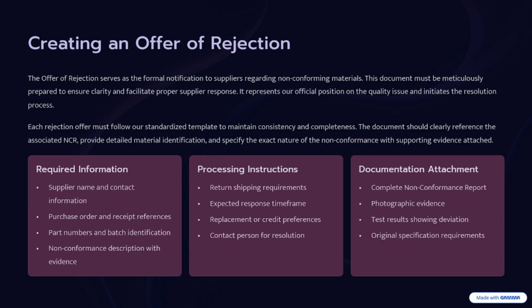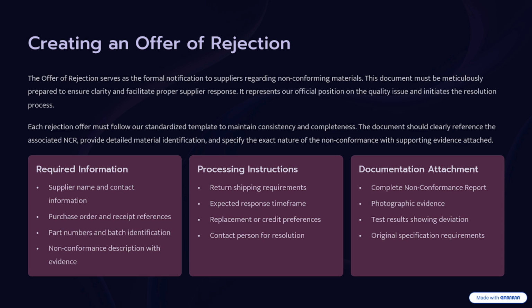Each rejection offer must follow our standard template to maintain consistency and compliance. The document should have a clear reference to the NCR, and provide detailed material identification, specifications, and the exact nature of the non-conformance with the evidence attached. Basically, this is a takeaway, in short form: you created an offer means you created an NCR, through to the rejection and replacement.